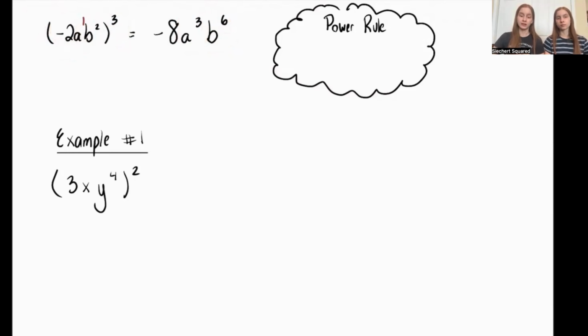Now, it does not have an exponent that we can see, so we can write that invisible exponent of 1. And from there, the rule is you're going to take the exponents and multiply them. Now, 1 times 3, that would get you -2 to the power of 3. And what that actually means is you're just going to take -2 and multiply it 3 times, which is exactly what we did on the last page. And that -2 times -2 times -2. And that does give you the -8 that we have up there.